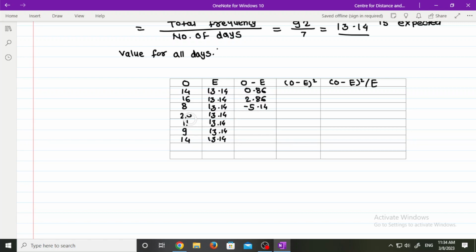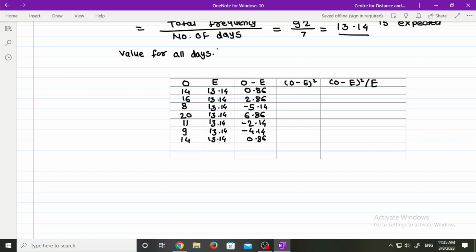When we subtract 13.14 from 20, we get 6.86. Then minus 2.14, minus 4.14 and 0.86.